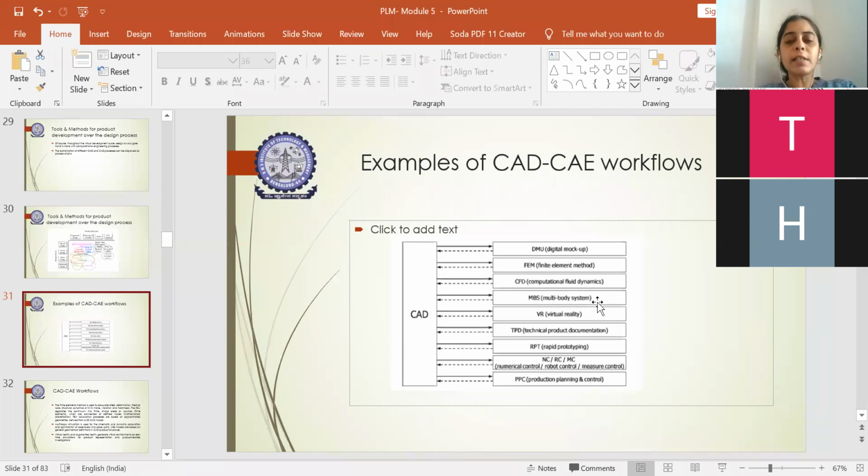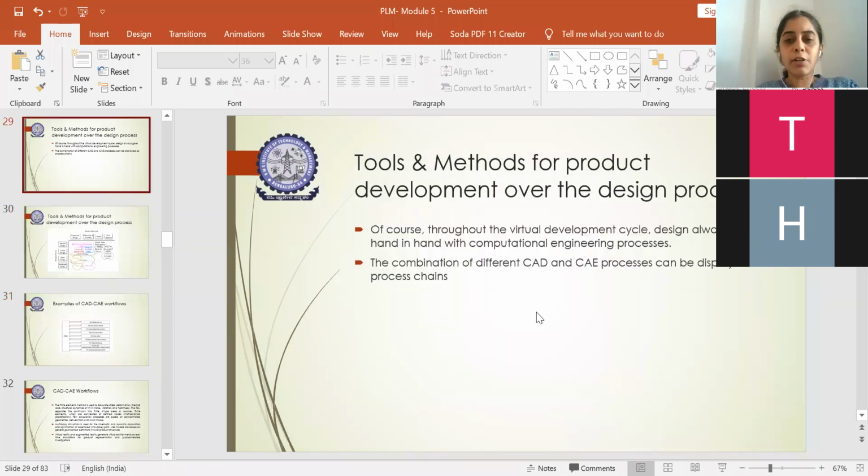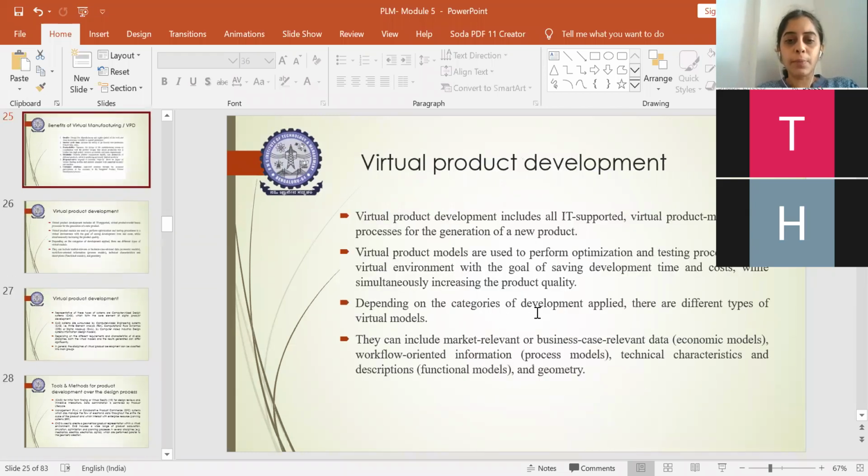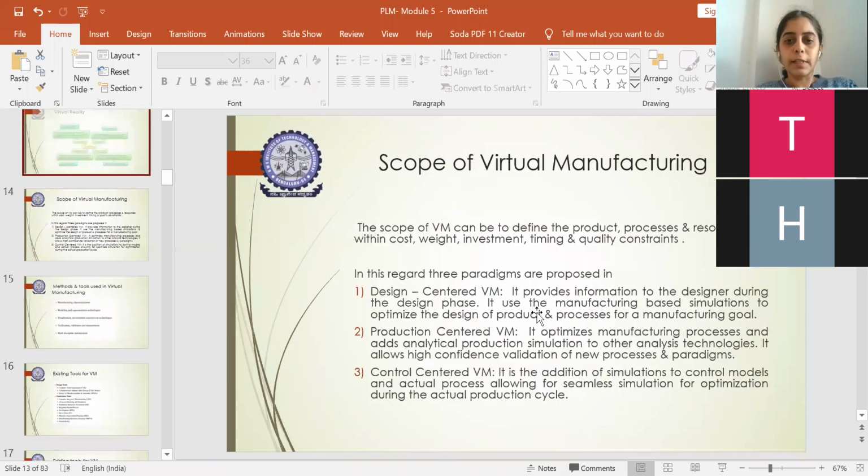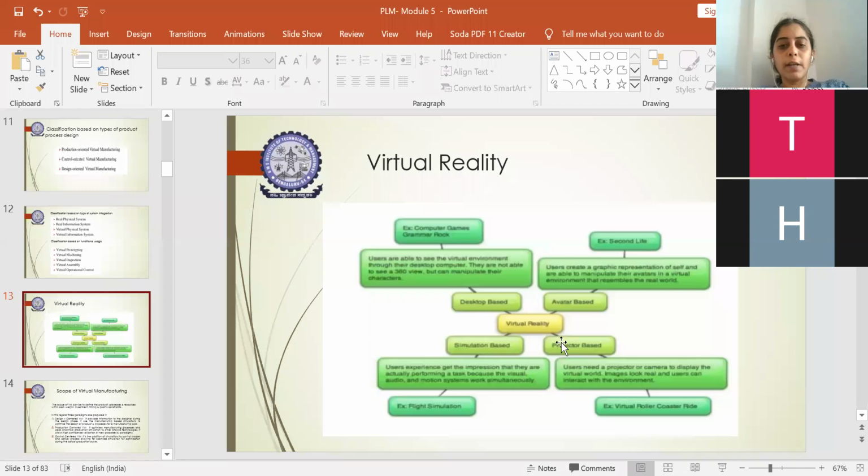And once all this has been done, the concepts of that will be interlinked with our virtual reality. So this is the technology mainly what we are using for our virtual manufacturing. So this will be interrelated to virtual reality, which we also saw in a diagram in the previous class. Okay, so how will virtual reality be connected?